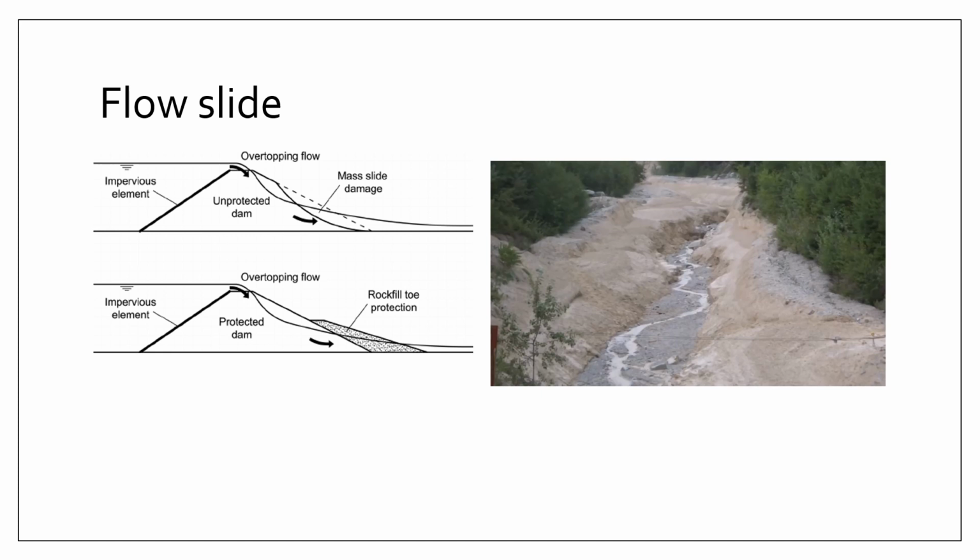Right now, flow slides, as I mentioned before, are most commonly liquefactions in embankment dams. So flow slides also involve debris flows, right? Normally because flow slides involve highly saturated materials that fail. Of course, as they fail, you have a highly saturated material.